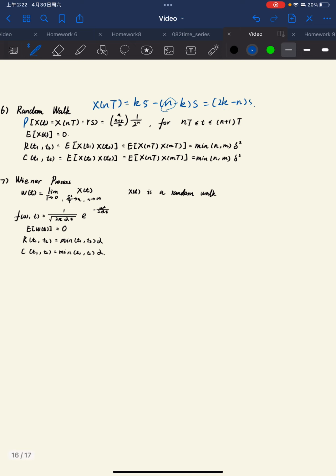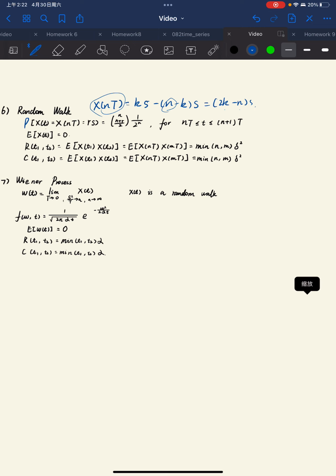If we define it as X(t), then X(t) equals the tosses with the expected result, which is n choose (n plus r over 2), times 1 over 2 to the power of n, which means the probability we receive heads or tails. And the time is in the range nT to (n plus 1)T.